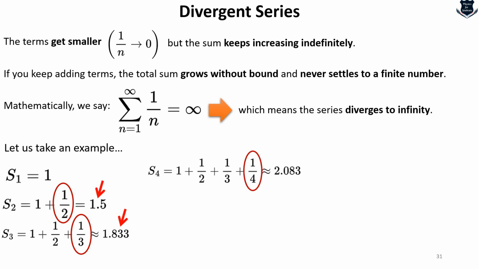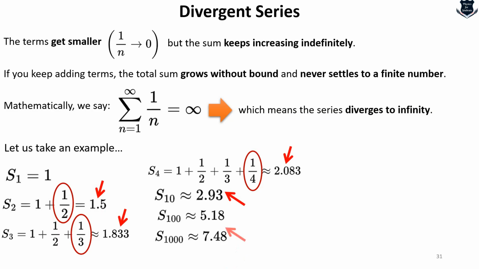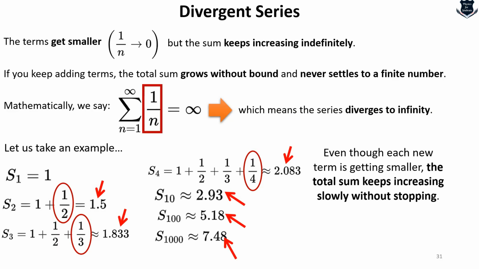Here you can see the terms get smaller, but the sum on the right hand side is increasing: 1.5, 1.833, 2.083, then 2.93, then 5.18, then 7.48, and on and on. Even though each new term is getting smaller, that is 1 half, 1/3, 1/4, the total sum is constantly increasing without stopping. Hence we say this is a divergent series.